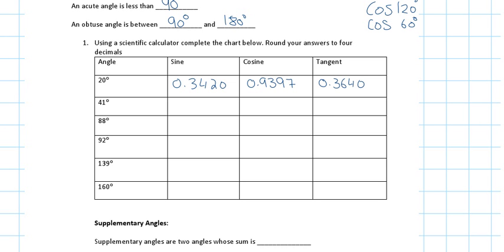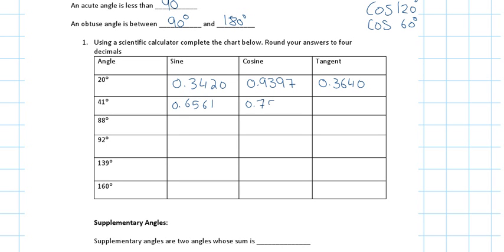Okay, we're going to do the same thing for sine 41. So sine 41 is 0.6561. Okay, you guys know how to find this on the calculator, right? All you have to do is press sine 41, cosine 41 on the calculator. So cosine 41 is 0.7547, and tan 41 is 0.8693.